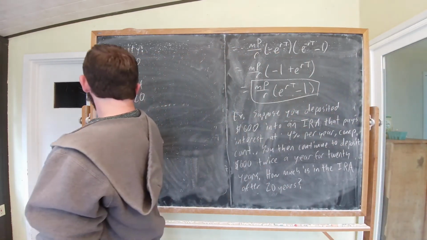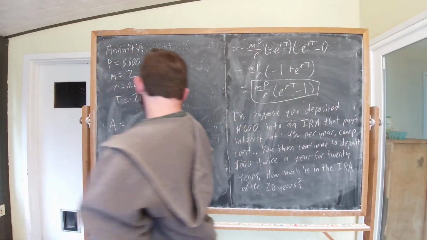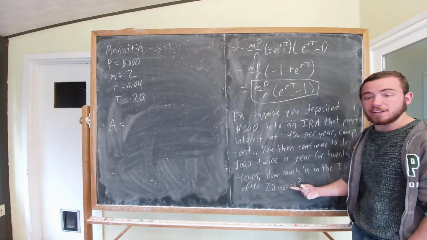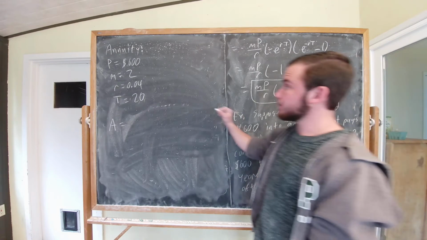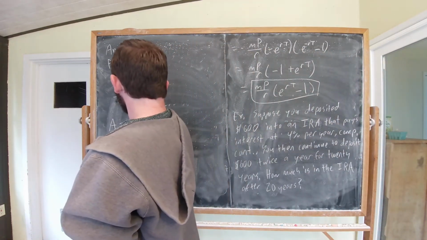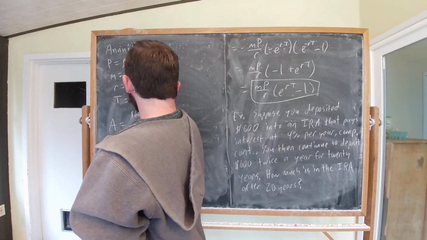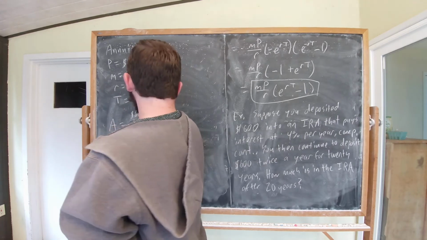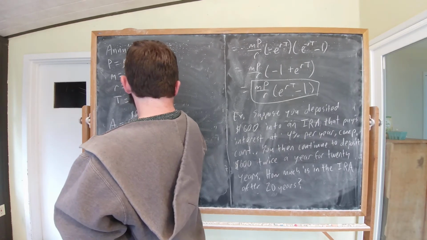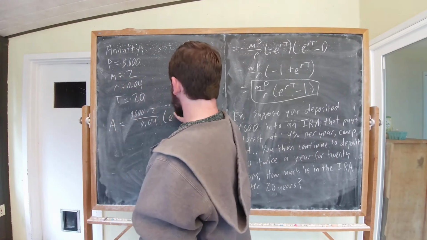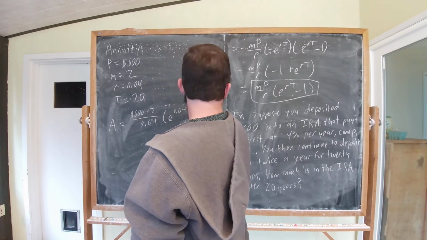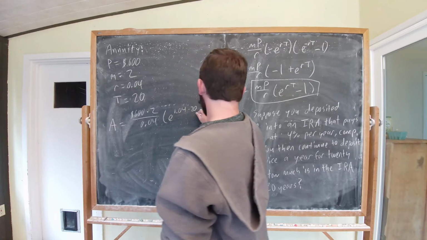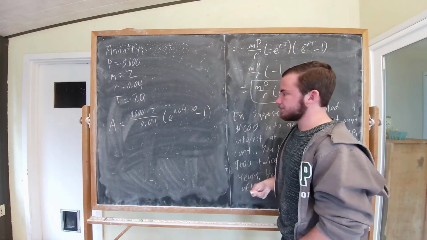The amount in our annuity after 20 years, so the answer we want, is according to our formula here, 600 times 2 divided by 0.04 times e to the 0.04 times 20 minus 1.